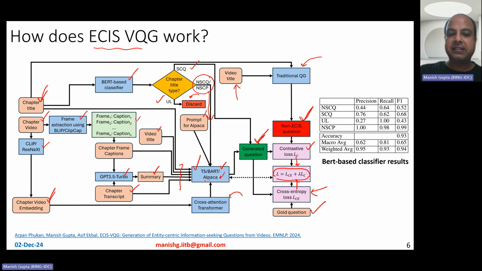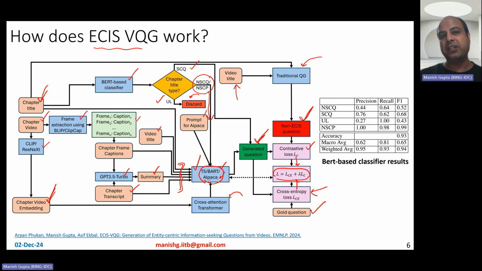Okay. So in this T5 or the BART model, the 12 encoder layers have been modified so as to have cross-attention, where the keys and the values come from the chapter video encoding, embedding, and the queries are coming from our text side. The queries come from the text side.